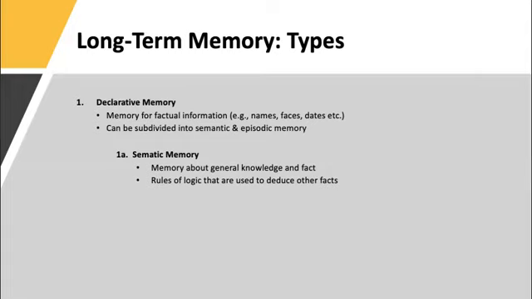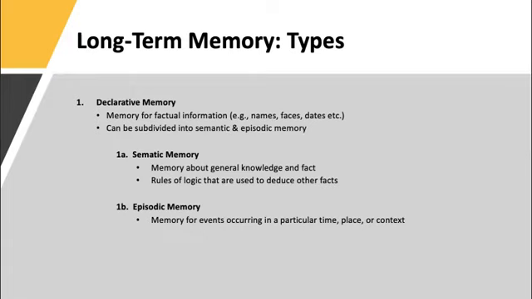So, using facts or rules of logic to deduce other facts. We do this a lot when we're solving math problems. So it's your general trivia knowledge, essentially. Whereas episodic memory refers to memories of events occurring at a particular time, place, or context.